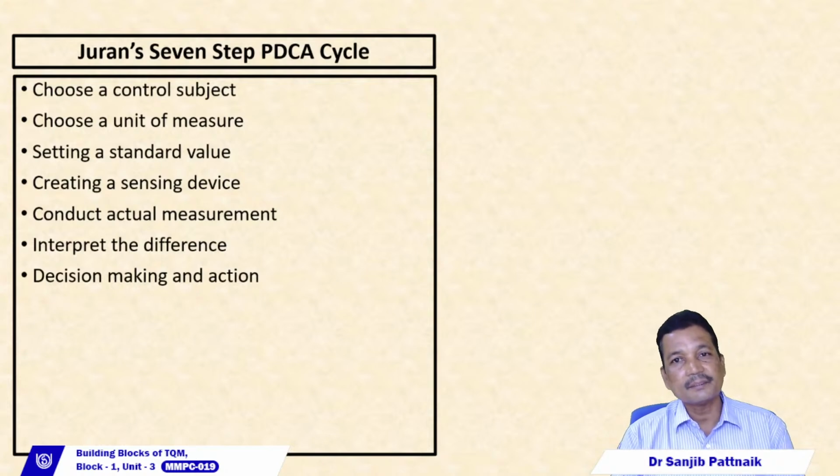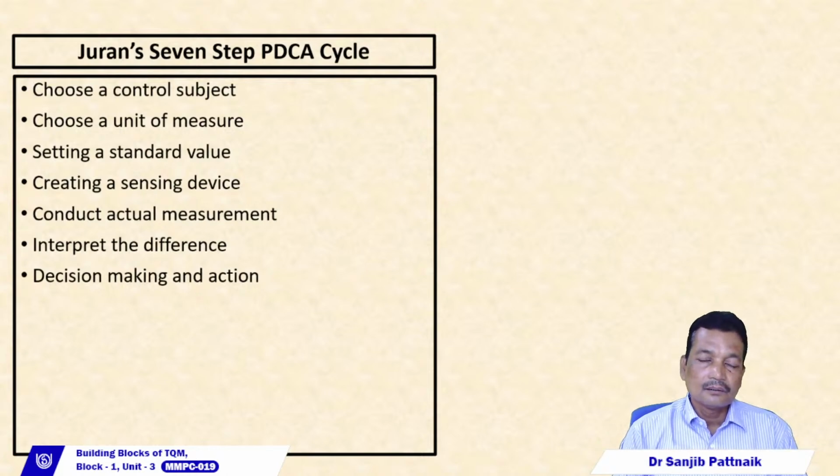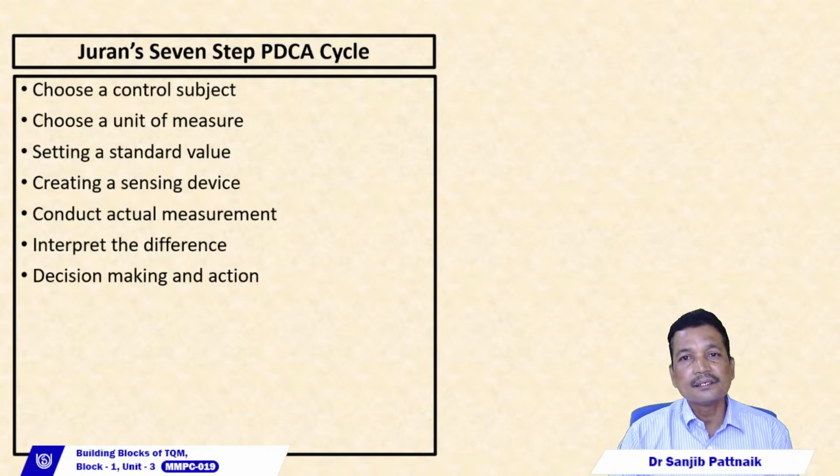Create a sensing device. Here we can say, let us take the example of an air conditioner. We set the temperature at a particular temperature, suppose 24 degrees C. Now as the air conditioner goes on running and the room temperature falls down to 24 degrees C, automatically the compressor will stop working.